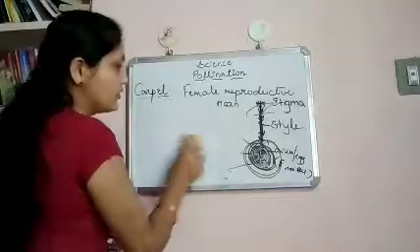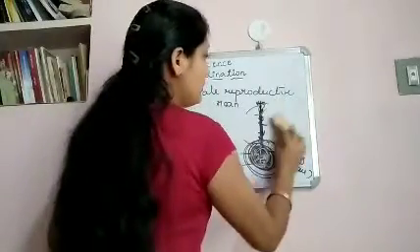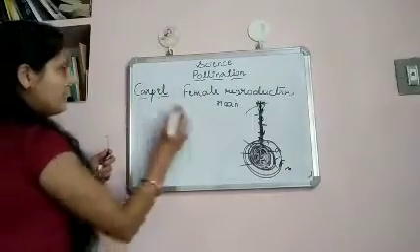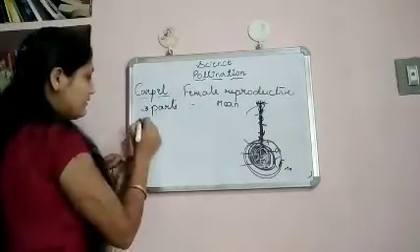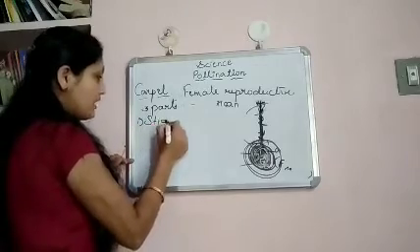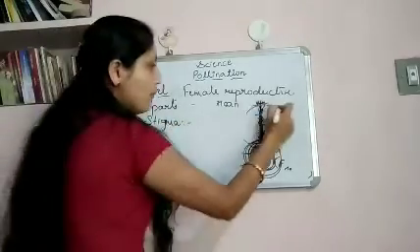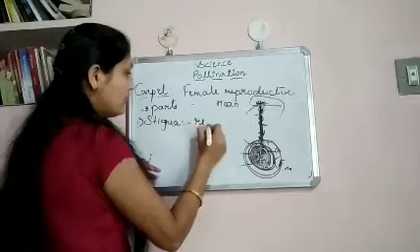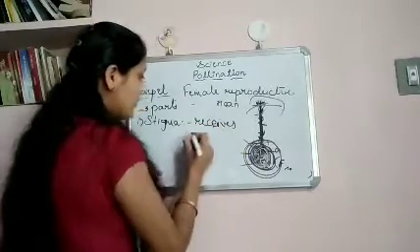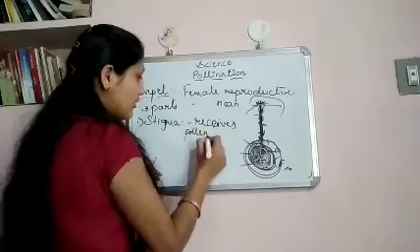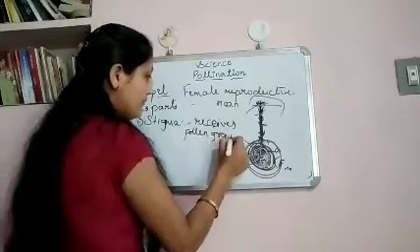I hope now you understood the parts of this flower. So stigma, this is the topmost region. Carpel is divided into 3 parts. First one is stigma. This topmost region receives pollen grains.